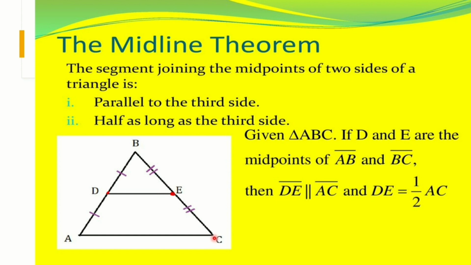And take note, segment DE is equal to 1/2 the measure of the third side, which is this one. So, in equation form, DE is equal to 1/2 AC.